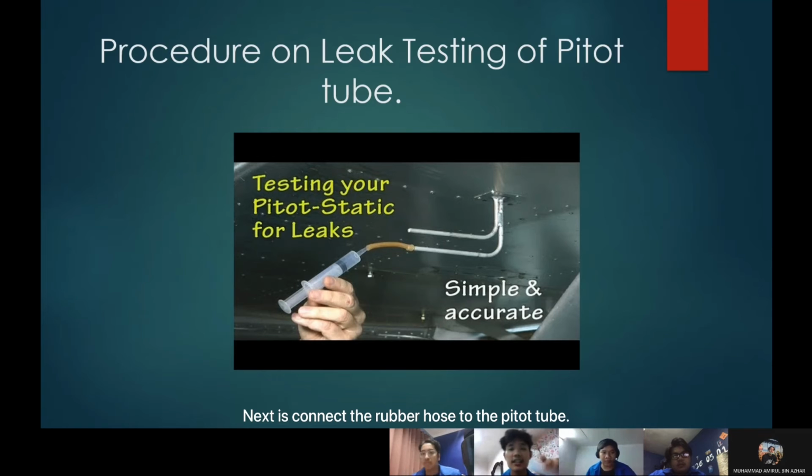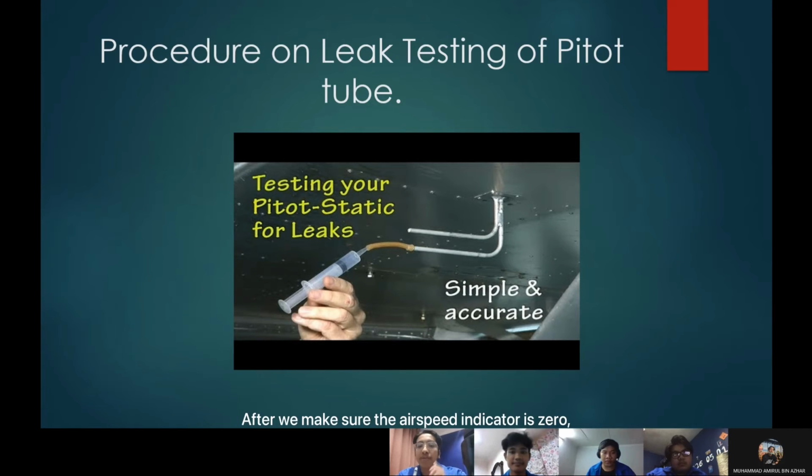Next is connect the rubber hose to the pitot tube, like this. Look at the airspeed indicator, make sure it is 0.